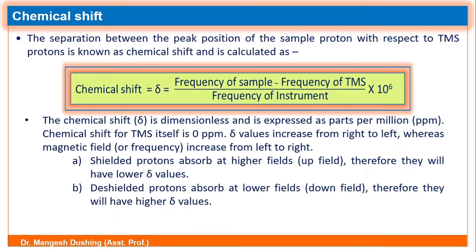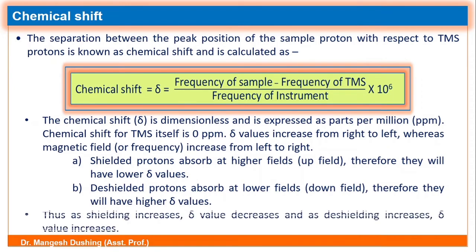Deshielded protons absorb at lower field, downfield, and therefore they will have a higher delta value, higher chemical shifts. Thus, as shielding increases, delta value decreases, and as deshielding increases, delta value increases. This is the main thing to be remembered: shielding decreases the delta value and deshielding increases the delta value.